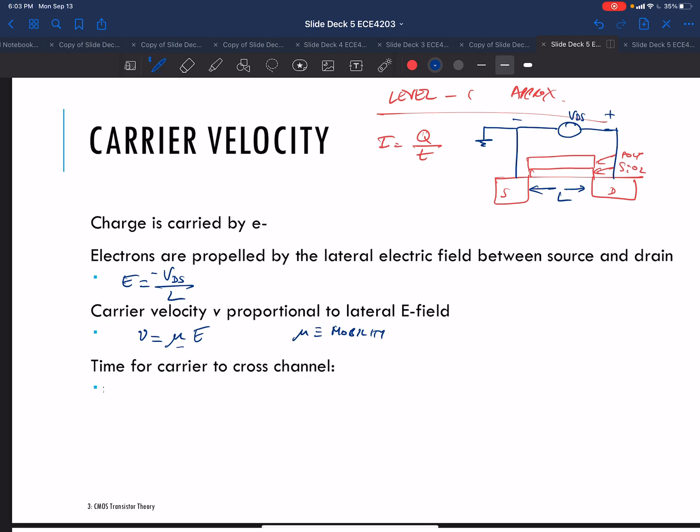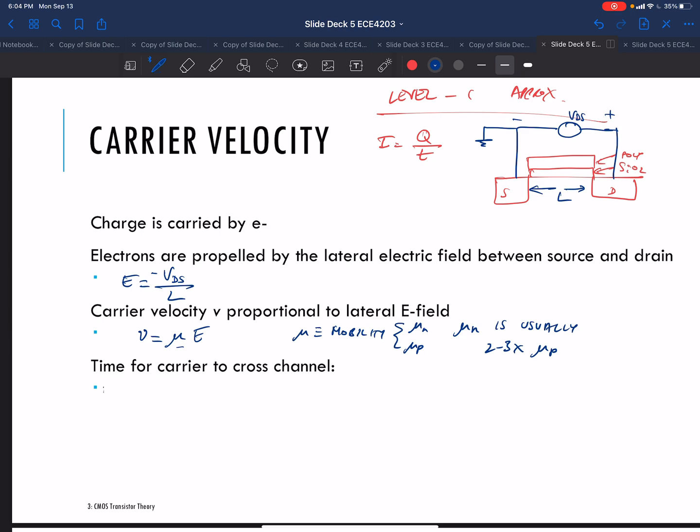And you have a different mobility for electrons and for holes, and they're different. Mu n is usually 2 to 3x higher than mu sub p. Sorry guys, even I can't read my own handwriting.